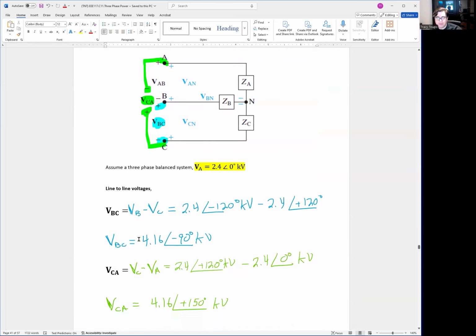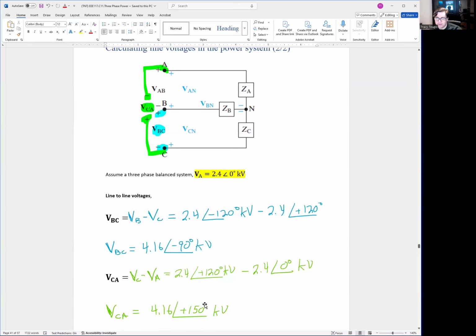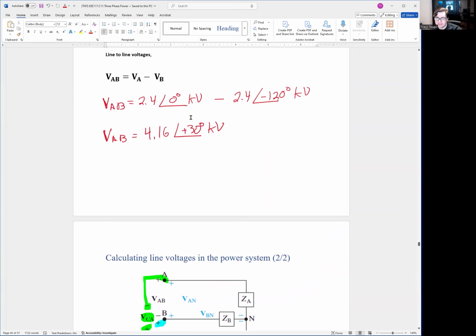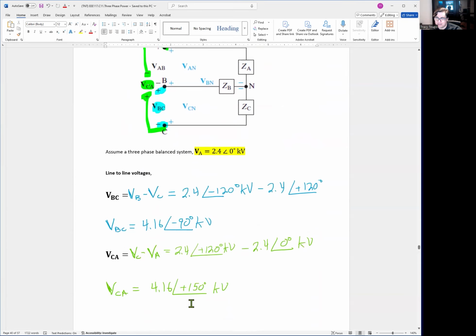So the same properties will work for VAB, VBC, and VCA. As long as you know VAB, the other two are going to be the same magnitude. Look at VCA, 4.16. What's the phase shift? It's 240 degrees off, right? Or if we compare to A phase, which is positive 30 degrees, you can add 120 to get positive 150, okay?